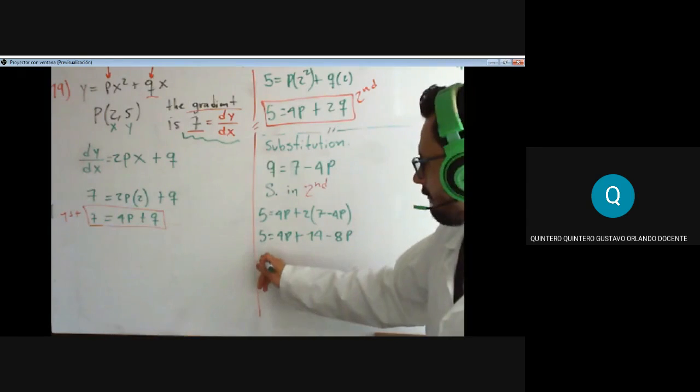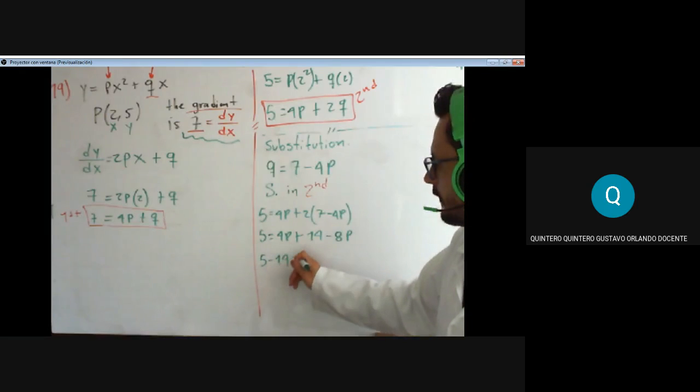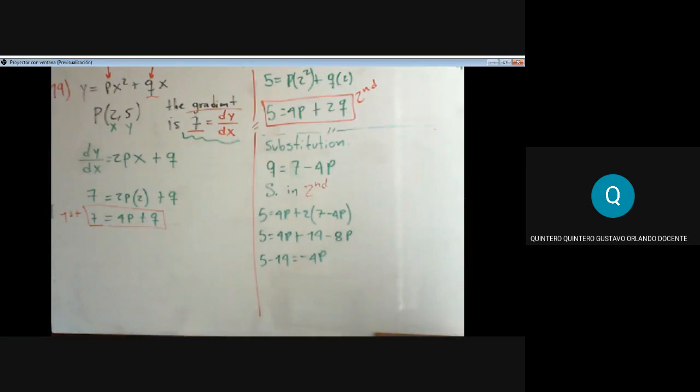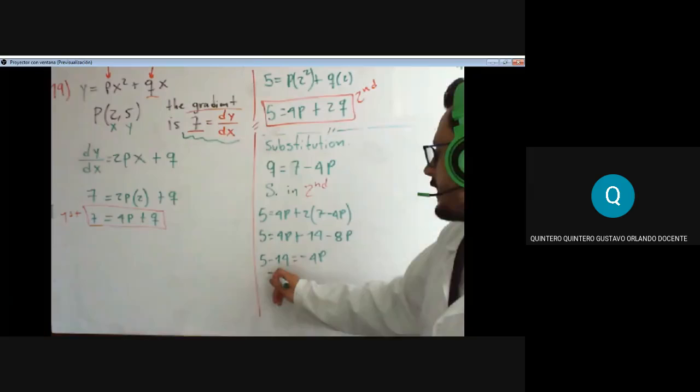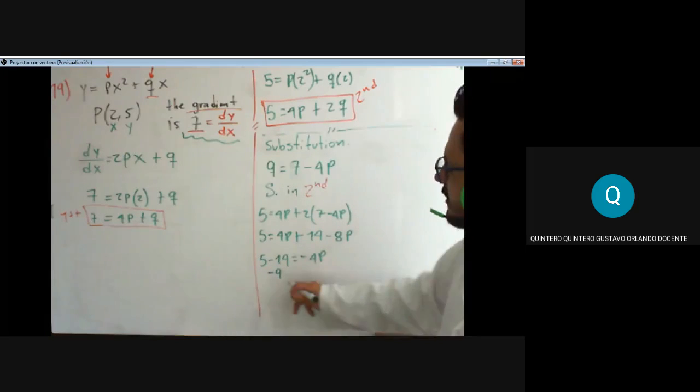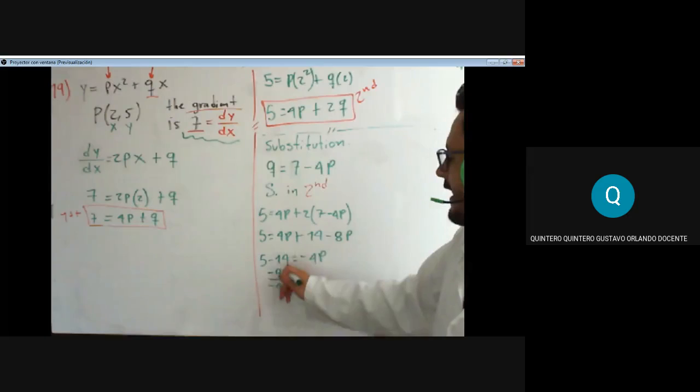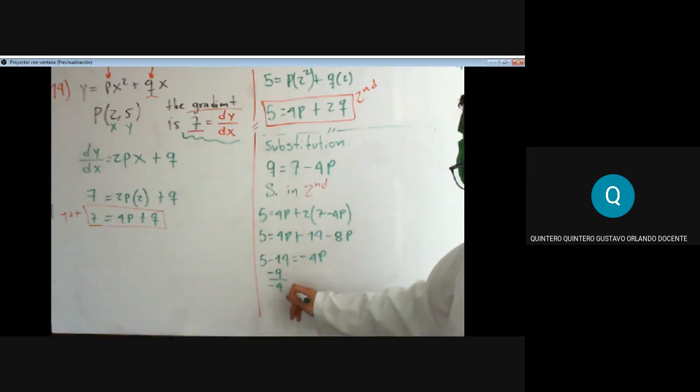So I will have 5 minus 14 equal to negative 4p. Now, how much is 5 minus 14? Well, this is negative 9, right? And if I isolate for p, pass the negative 4 to divide, this will be negative 9 over negative 4. And this will be the value of p.